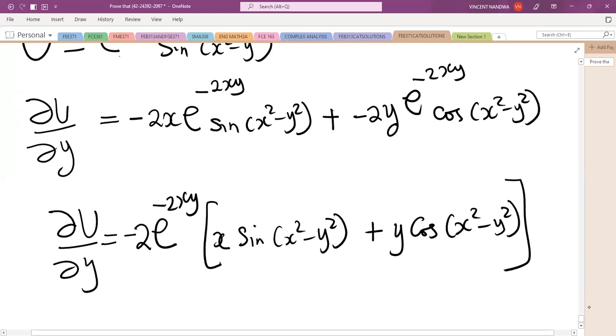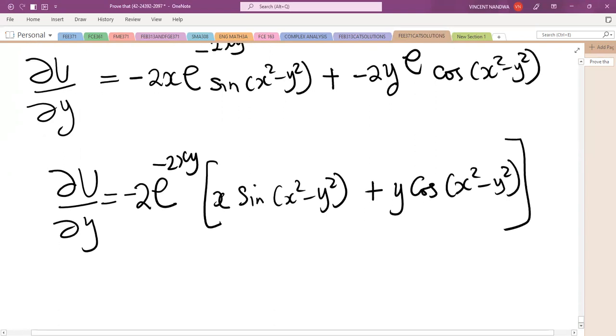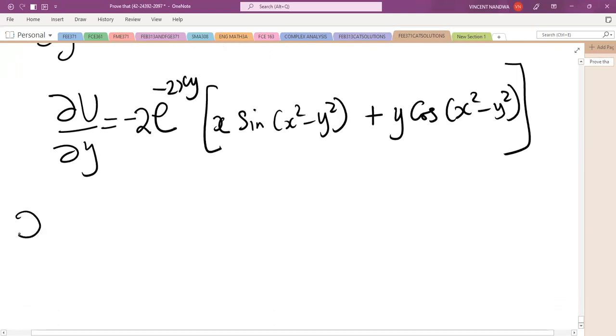And then I also use product rule again. So partial squared u partial y squared.